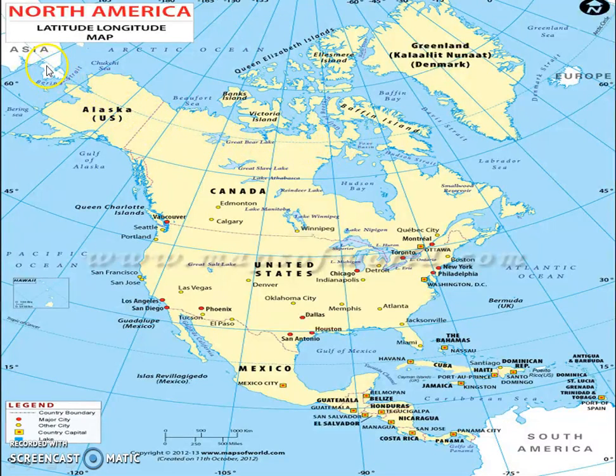This is your Arctic Circle, 66.5 degree north. It is passing through the United States, because Alaska is here. You have Canada, then you have Denmark as well, Greenland, which is part of Denmark. So I will keep it till here.